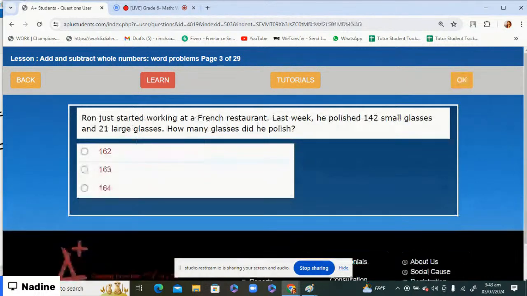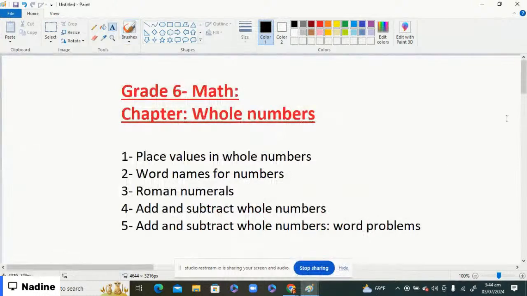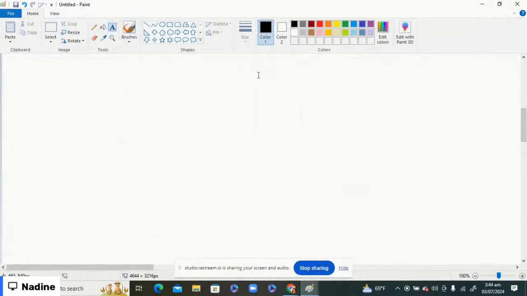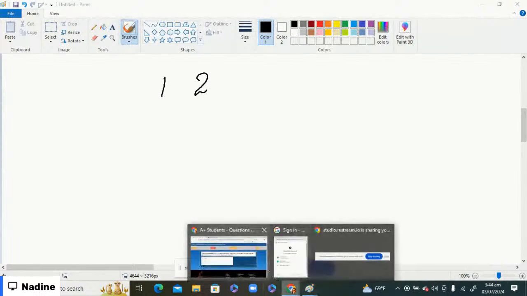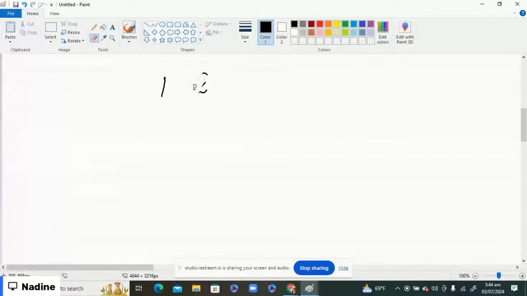Now look at this one. Ron just started working at a French restaurant. Last week, he polished 142 small glasses and 21 large glasses. So how many glasses did he polish in all? So 142 plus 21. Let's add, okay? It's 142 and 21.